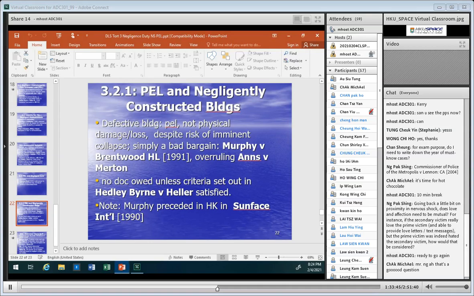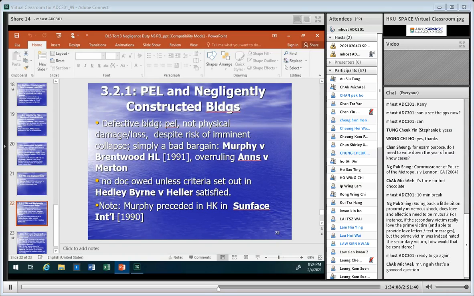Despite the fact that the building may be in imminent danger of collapsing, you've simply made a bad bargain. And Murphy v Brentwood overruled Anns v Merton in this case. In Murphy v Brentwood, the House of Lords said that this is pure economic loss. A duty of care will only be owed if there is a sufficient degree of proximity, okay?